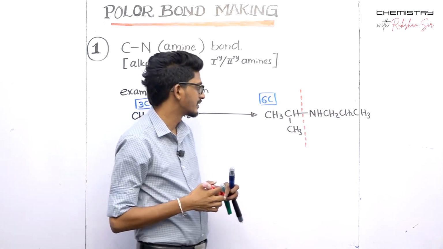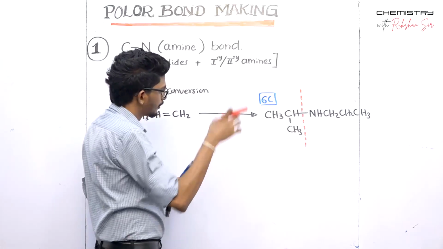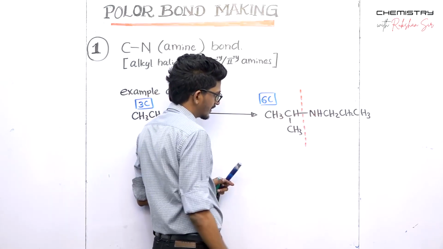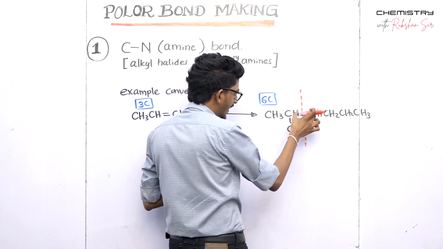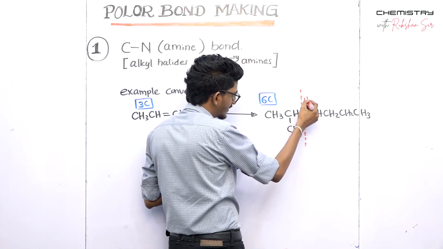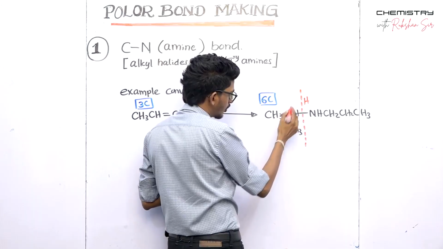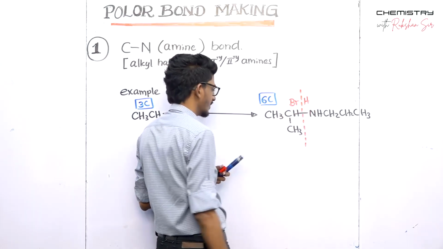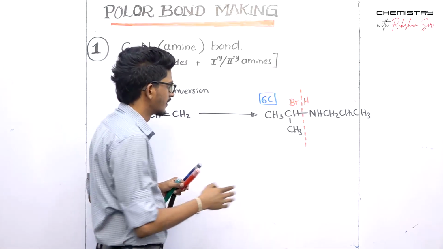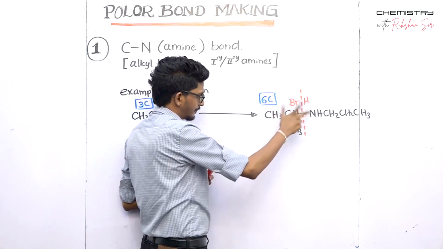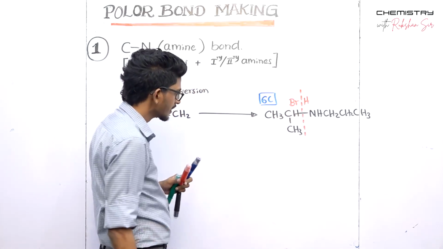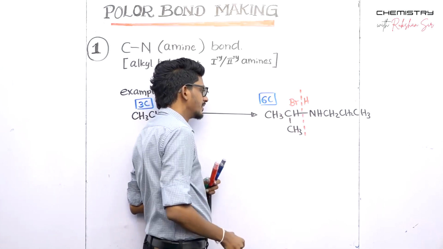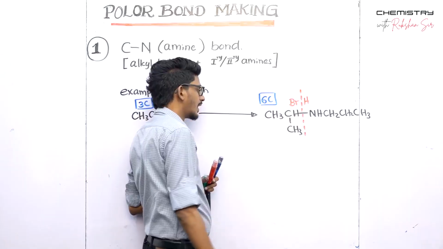Okay. So break this and then put that smaller molecule onto the two atoms. At the nitrogen side, you have to write the H, and at the carbon's corner, you have to write the Br, the smaller molecule. I just broke the polar bond and put the hydrogen on the nitrogen side and the Br on the carbon side.